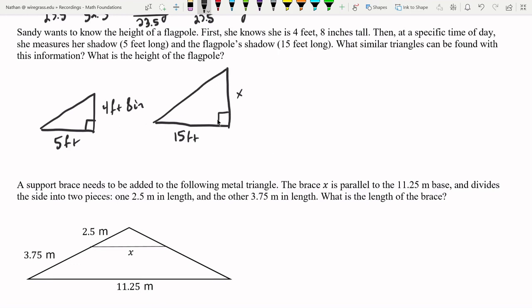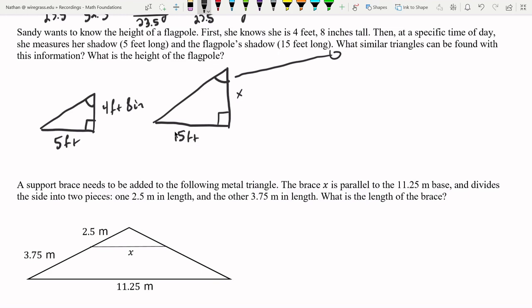Now, the reason why these two triangles are similar is, first off, we know there's a 90-degree angle there. And the sun is way, way up in the sky, shining light rays down that create the shadow. Because the sun is so far away, we can say it hits both the top of the flagpole and the top of Sandy's head at exactly the same angle, which means this angle and this angle are the same.